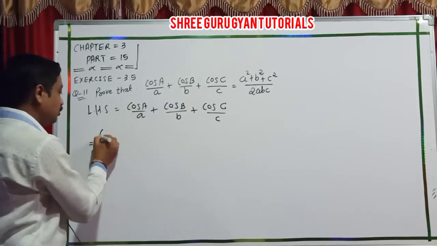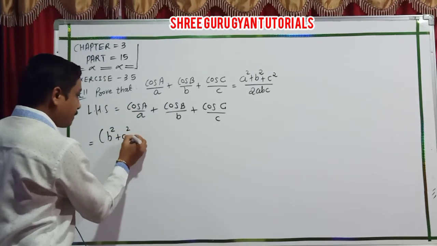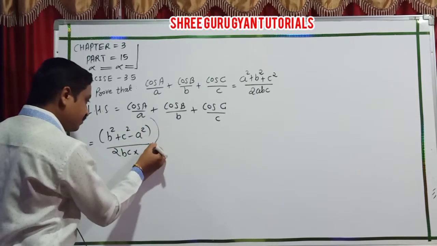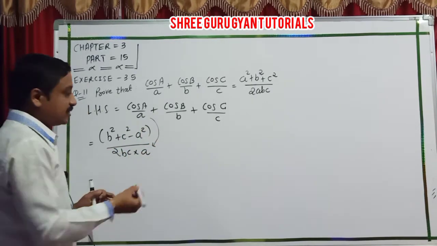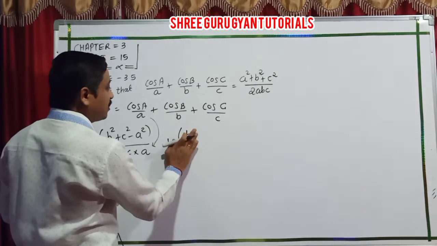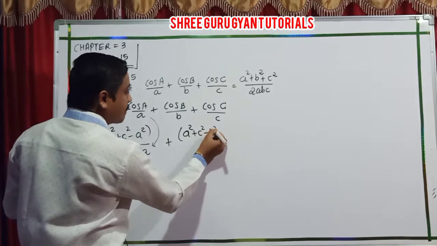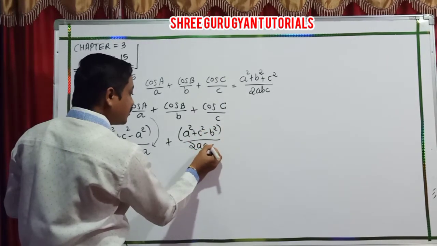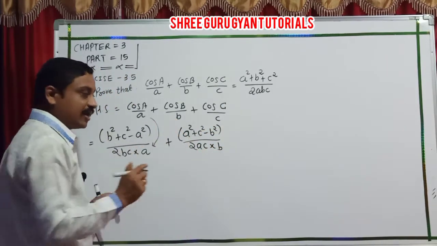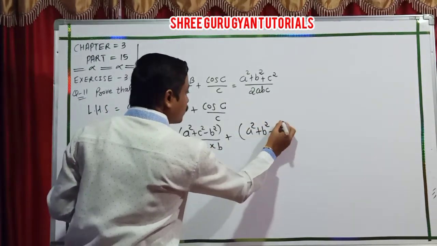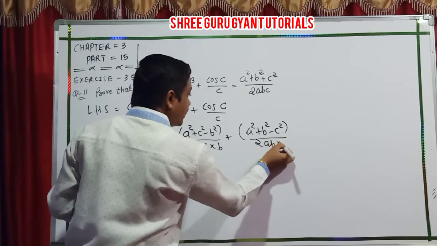Cos A is b square plus c square minus a square upon 2bc, into the a as it is. Similarly, cos B is equal to a square plus c square minus b square upon 2ac, into the b again same, and last cos C is a square plus b square minus c square by 2ab, and the c is same.